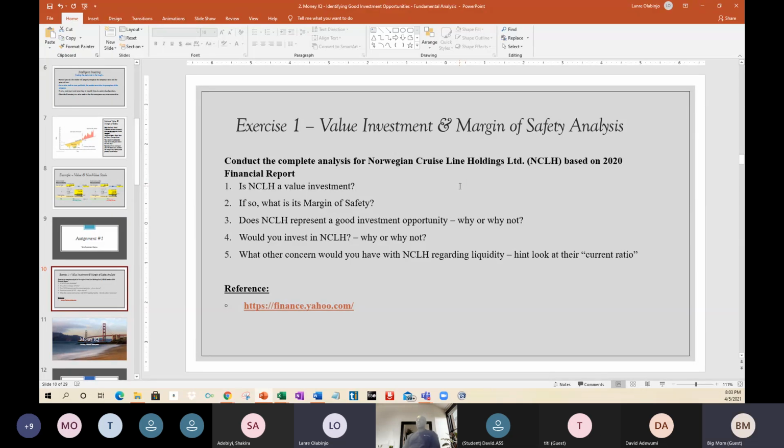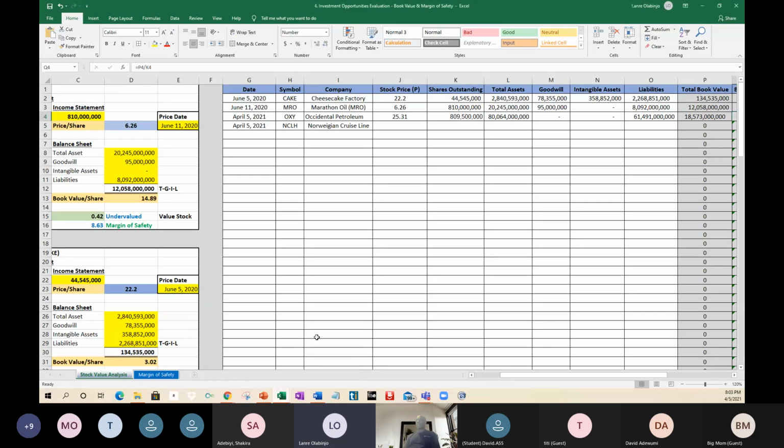So next class, when we do income statements, we won't have time as a class to go back and try to explain margin of safety or value, as it were. So when I use those terminologies, my understanding is that everyone is at the same point and can follow along. So if you don't do the assignment, you will fall behind class after class. And this is not where you want to fall behind.